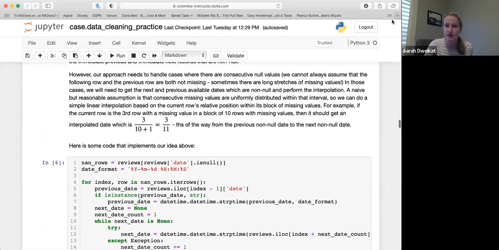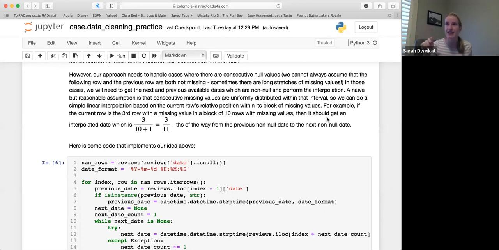And there's a good point to make here. Let's say we have a block of 10 missing values. We would want to make the increments not 1/10, but 1/11.